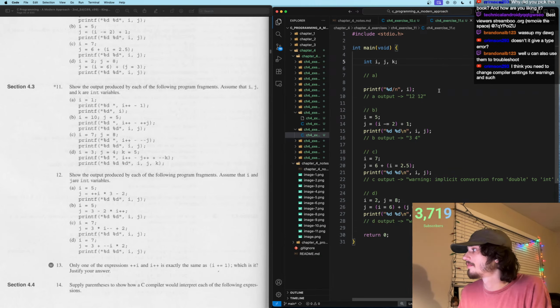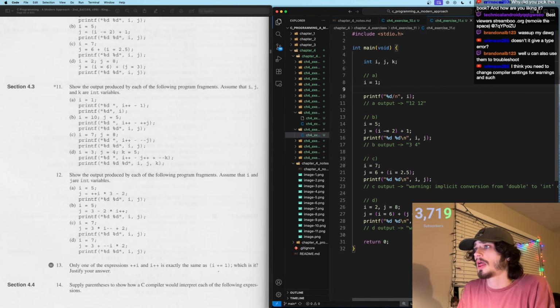So A, what we're going to have is I equal to 1, and we call printf to %d space, and then we're going to insert I plus plus minus 1, and then we're going to call printf to I here.